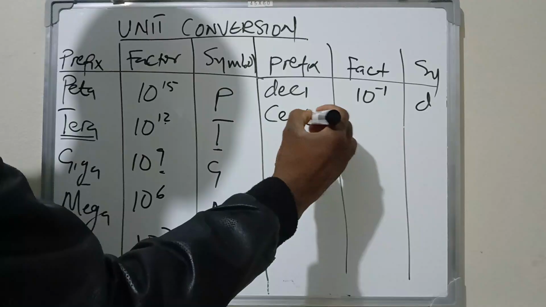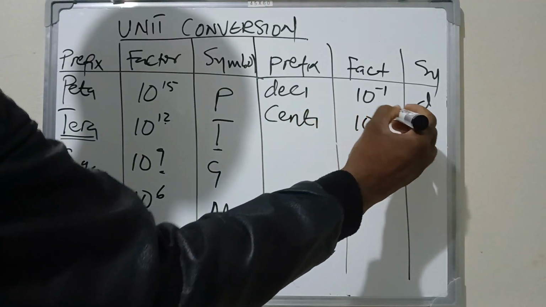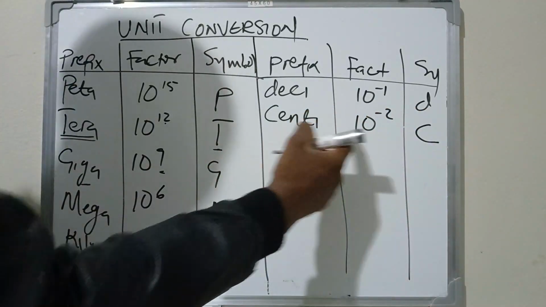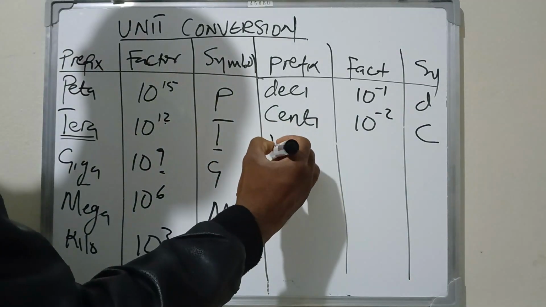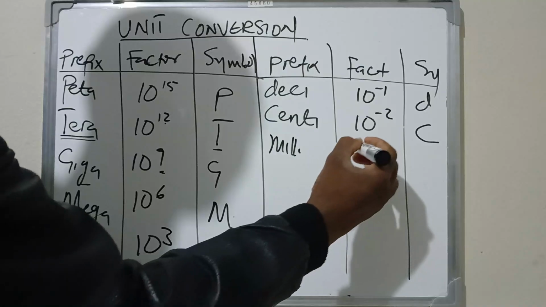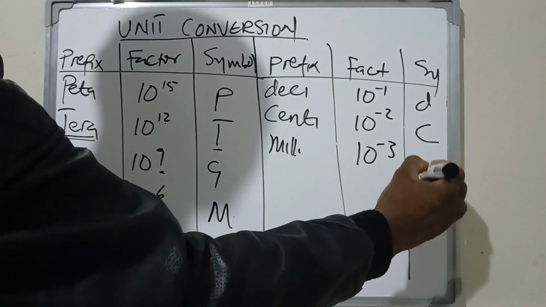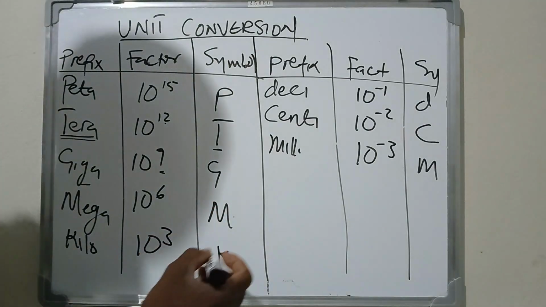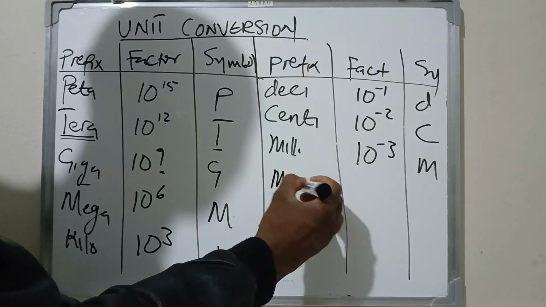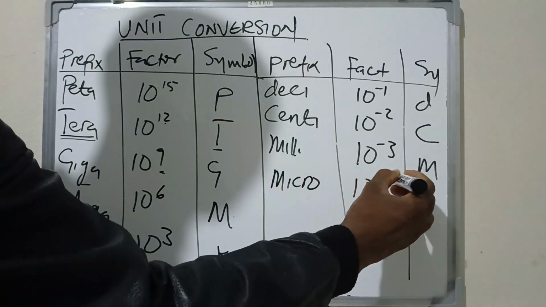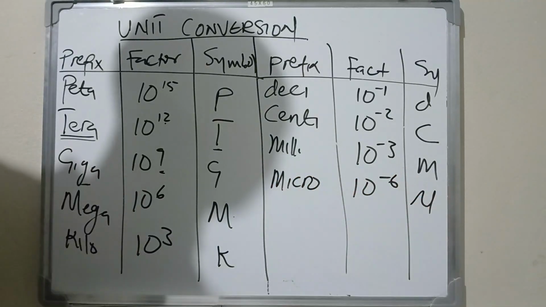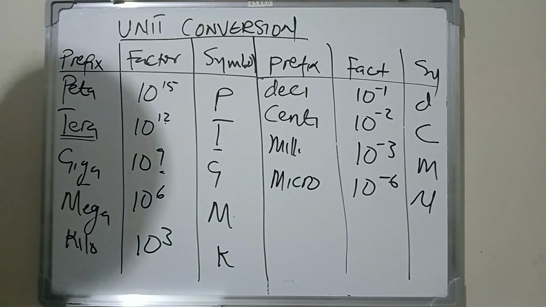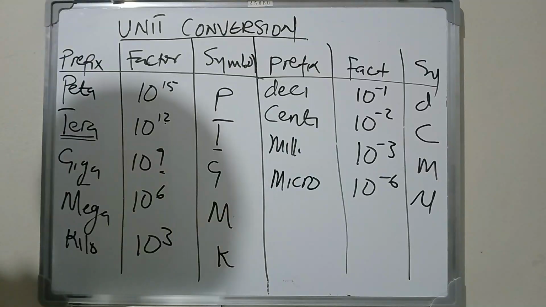Centi is times 10 to the power negative 2, and the symbol is c, centimeters. Milli is times 10 to the power negative 3, and the symbol is m, millimeters, milliliters. Then we have micro, times 10 to the power negative 6, and the symbol is mu, microfarad. I'm sure you remember those when you are dealing with electricity.